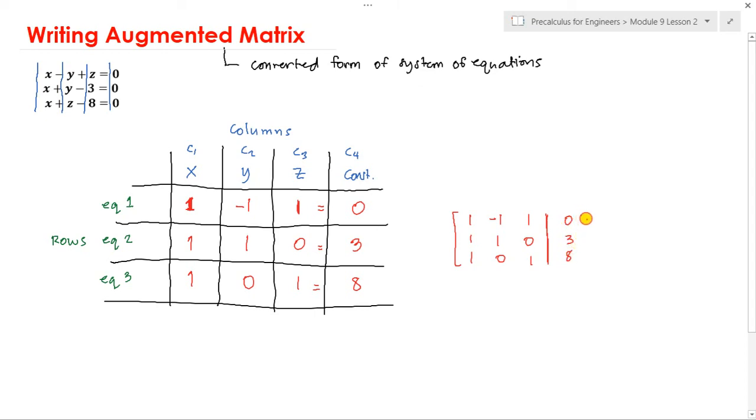That is the equivalent augmented matrix form of the given system of linear equations. In the equivalent, you can see the coefficients of your x, y, z, including the constant. And this also represents equation 1, equation 2, and equation 3.